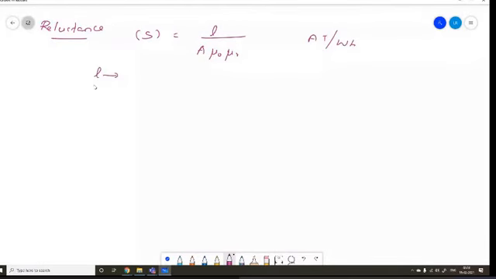So all this is known to you. And then magnetic permeance, which is nothing but the inverse of this reluctance. Therefore, if this unit is ampere turns per Weber, the unit of magnetic permeance will be Weber per ampere turn. So this will be A mu 0 mu r divided by L.